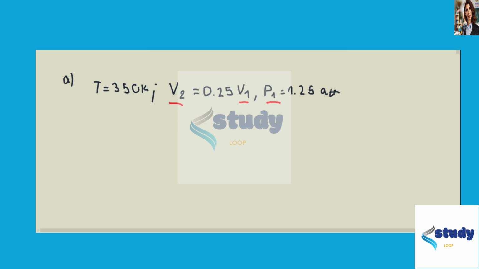And to do so, we can start from the general form of expressing the work. It's the integration from initial to final volume of pressure as a function of volume times the differential of the volume. So here we can use the ideal gas equation, which is pressure times volume equals number of moles times gas constant times temperature.